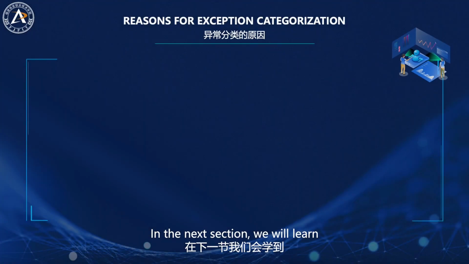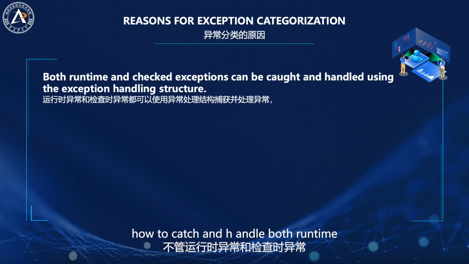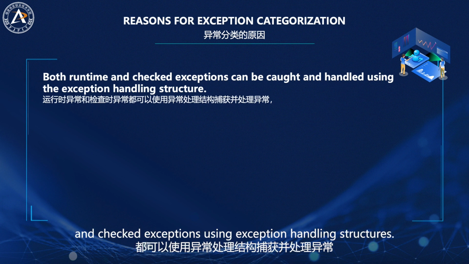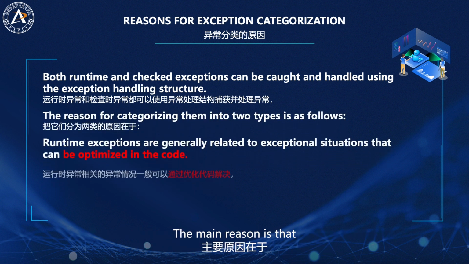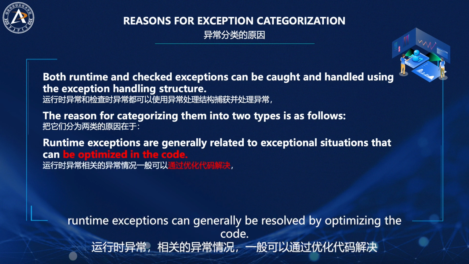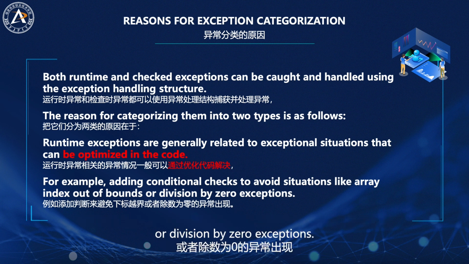In the next section, we will learn how to catch and handle both runtime and checked exceptions using exception handling structures. But why do we differentiate between them? The main reason is that runtime exceptions can generally be resolved by optimizing the code. For example, adding condition checks to avoid index out of bounds, or division by 0 exceptions.